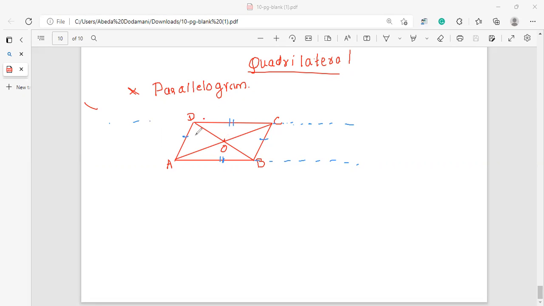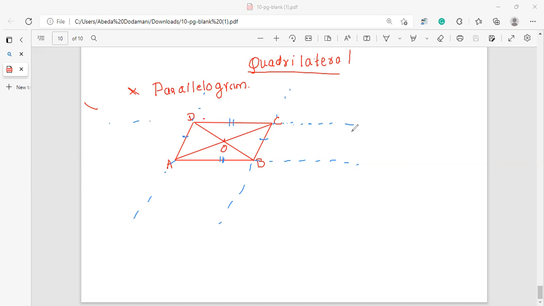Do the same thing for the other pair, extending front and back, and again there is no change in the distance and no point of intersection. Then only can we call them parallel lines. So a parallelogram is a quadrilateral in which each pair of opposite sides is parallel to each other.